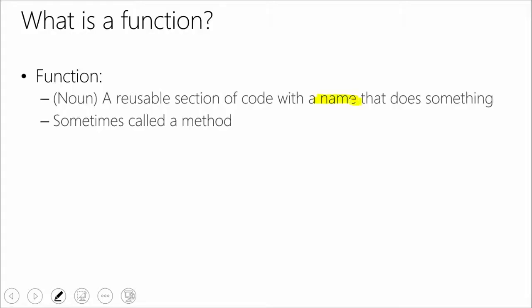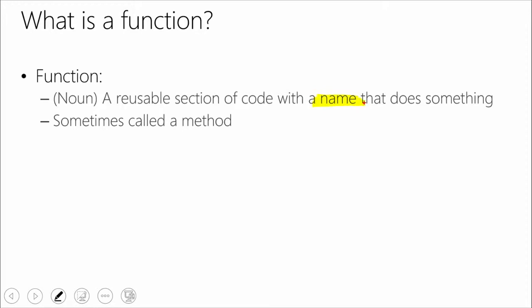Now, the most important point to me, or I should say the point that's often overlooked when it comes to functions, is this part right here: the ability to give it a name.